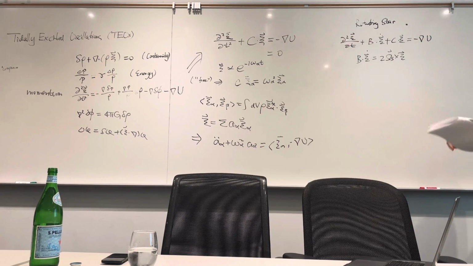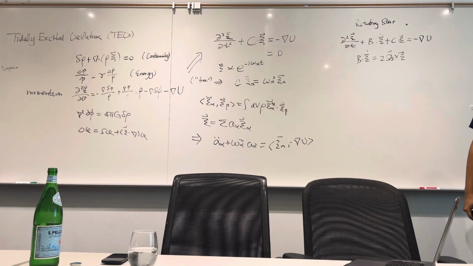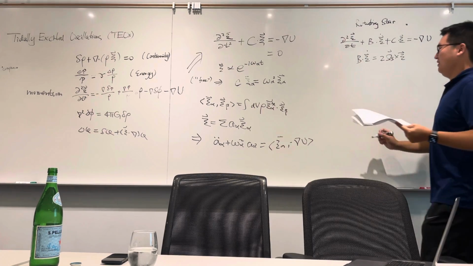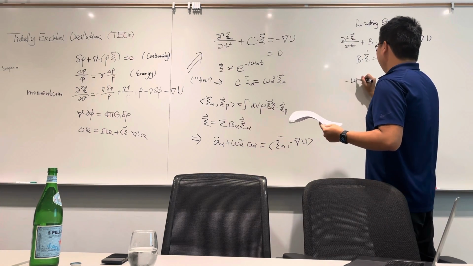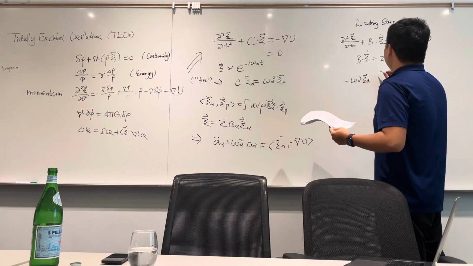But what really changes a lot is that if you're thinking about solving this equation, you might think, oh, I can do the same as before. I just solve the free equations. So the eigenfunctions satisfy sort of this.